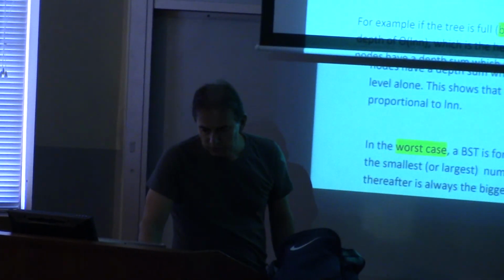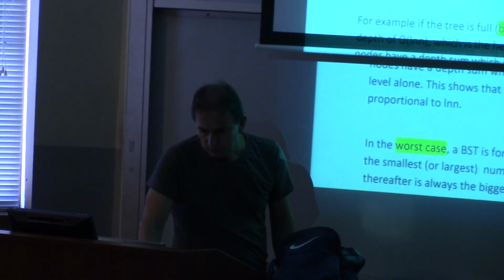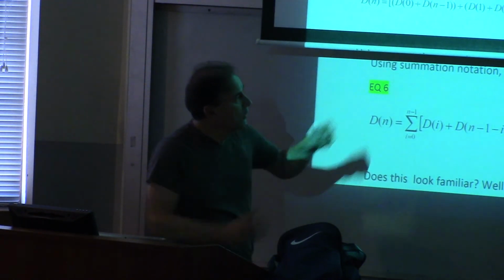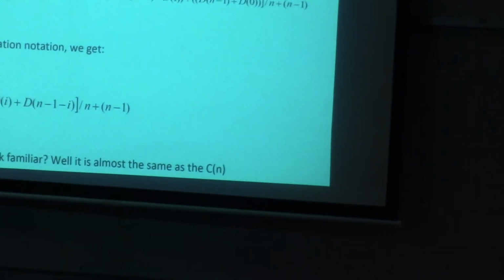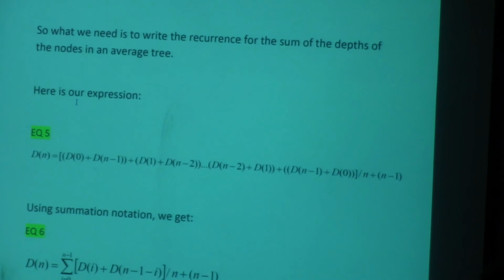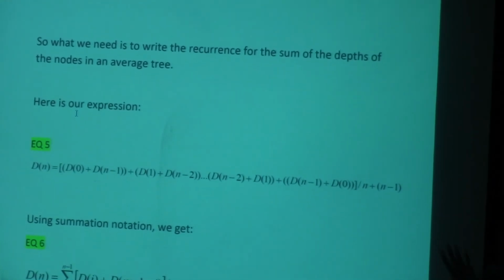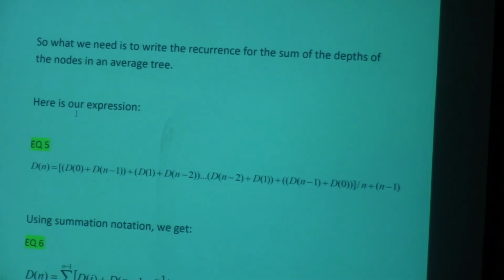All right, so the last thing I'm going to show you right here, I'm going to let you read through these notes, but let's take a look at this expression. How would we compute the average number? If we add up the depths, we're going to take an average tree.